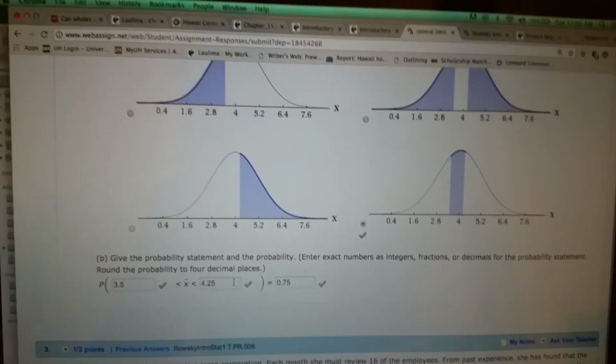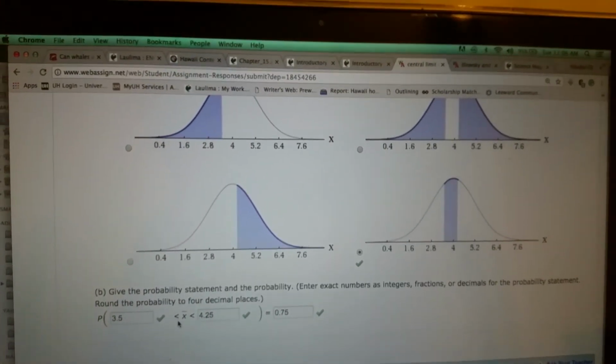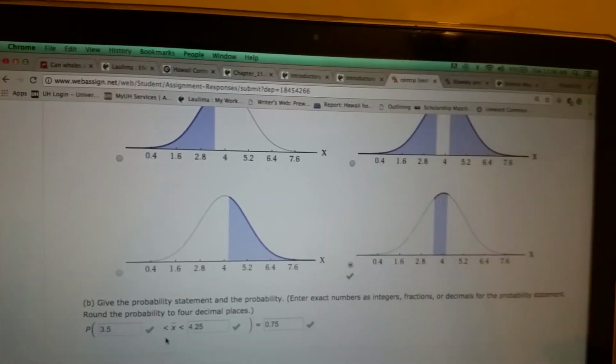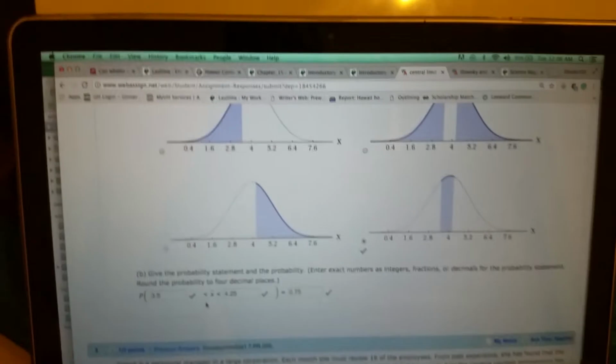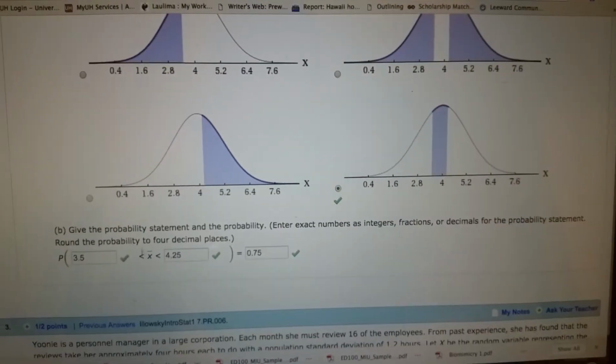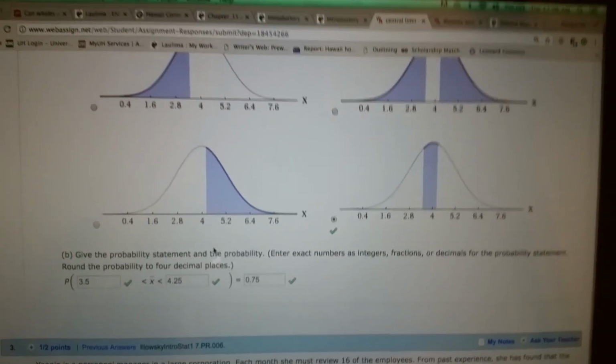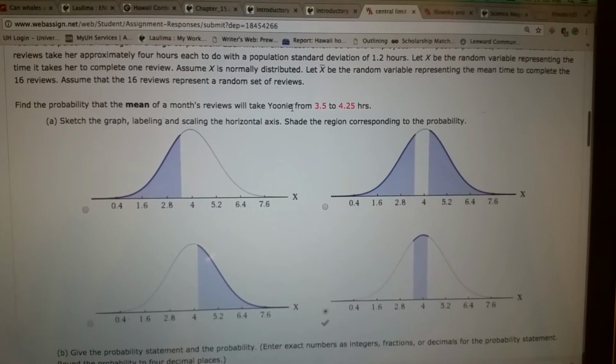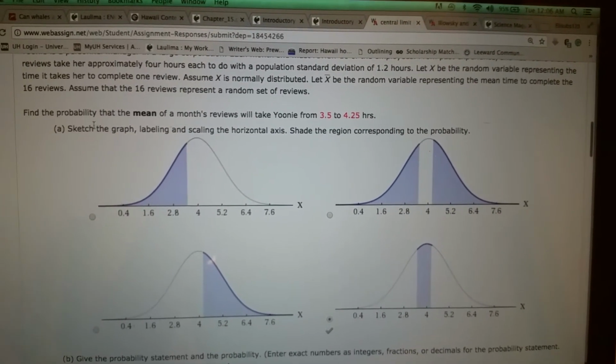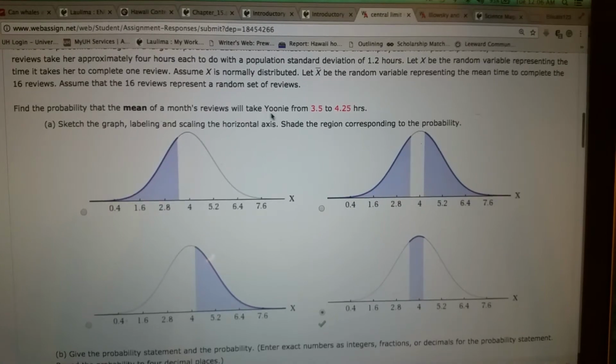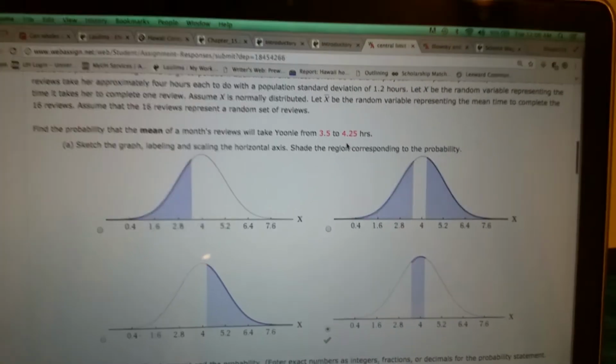And how do we figure this out? Let's see. Okay, that is the probability, because it said what is the probability that the mean of a month's review will take Uni from 3.5 to 4.25.